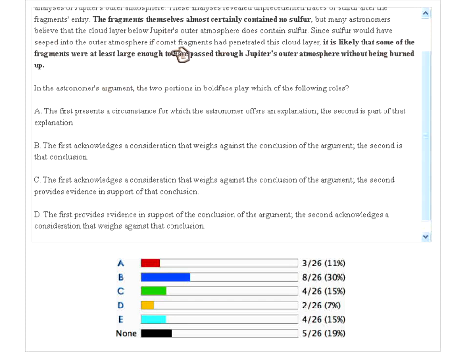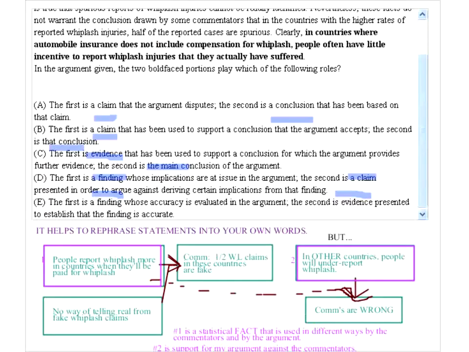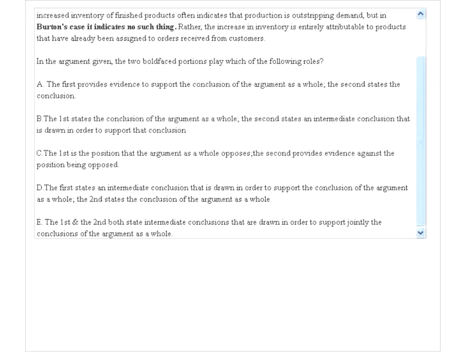Like if you look at this sentence, the fragments that contain no sulfur, but many astronomers believe that blah, blah, blah. So the relationships here aren't going to be simple. It's the relationship between these two parts that will contribute, but you're only caring about this one part. And indeed, some boldfaces, like here's a question that we didn't get the chance to review.